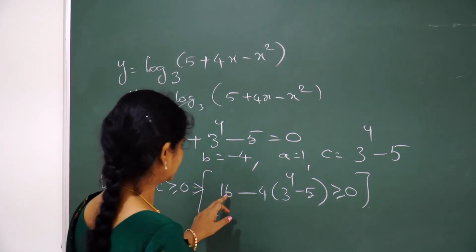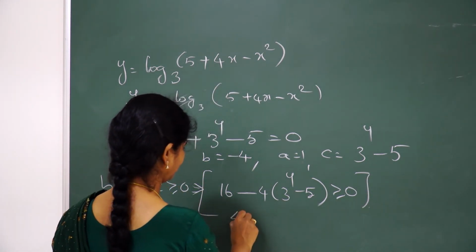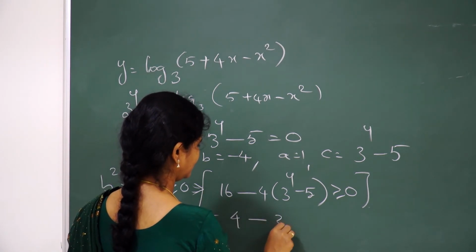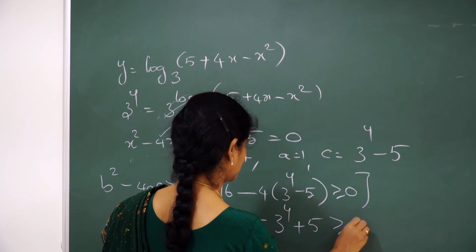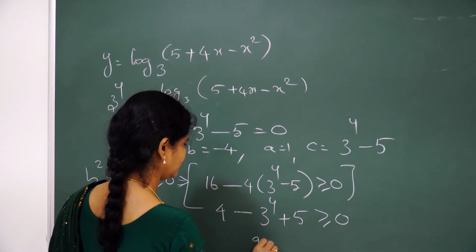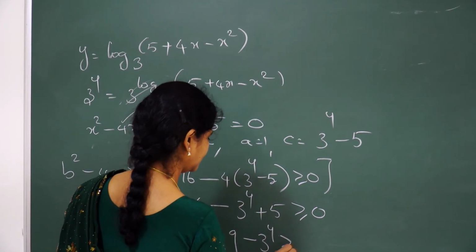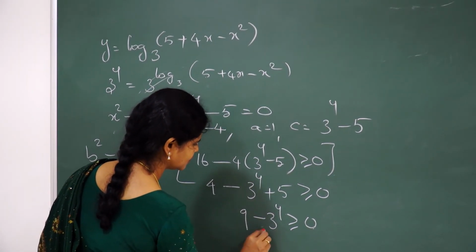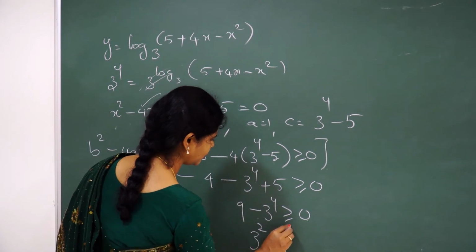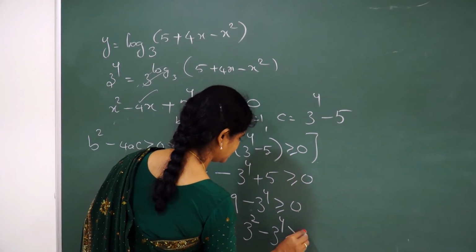Take this 4 common: 4 into 4 minus 3 power y plus 5 is greater than or equal to 0. It's 9 minus 3 power y greater than or equal to 0. Bring this 3 power y to the other side. So 3 square minus 3 power y is greater than or equal to 0.